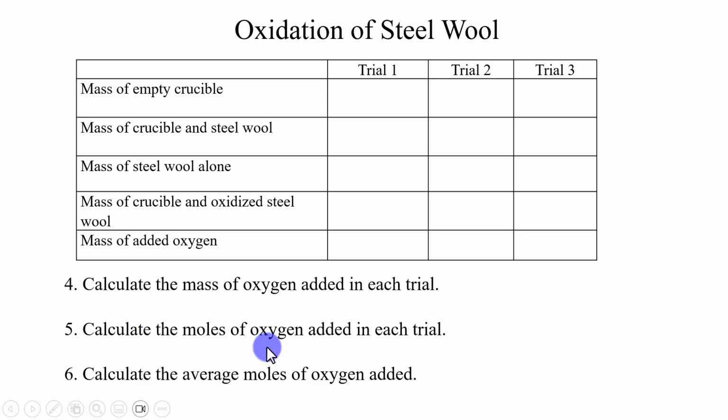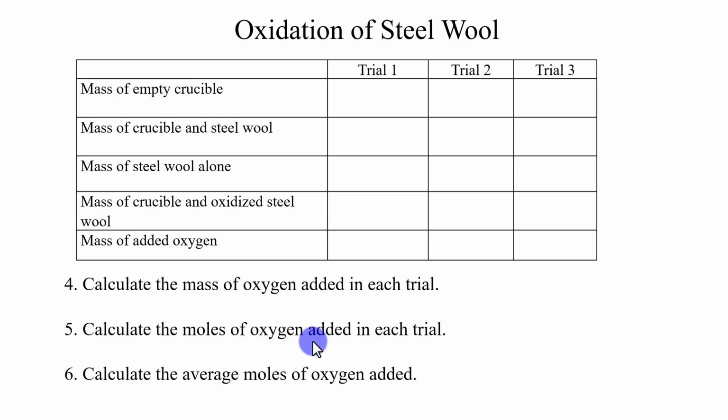Then you do the same thing for moles of oxygen as we did for moles of iron. The only difference is that we're using a different molar mass because we have a different compound. So oxygen is 16, whereas iron is in the 50s. I don't remember now off the top of my head. So they'll have different molar masses because they're different elements.